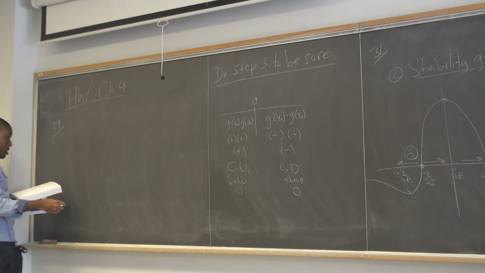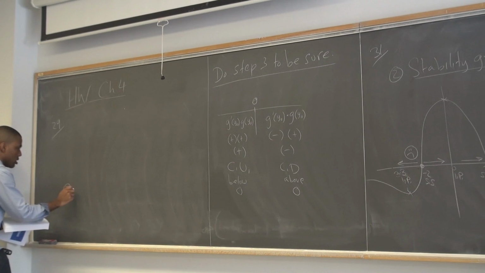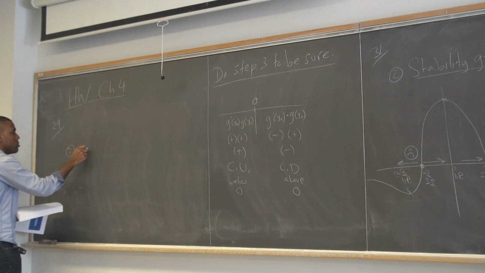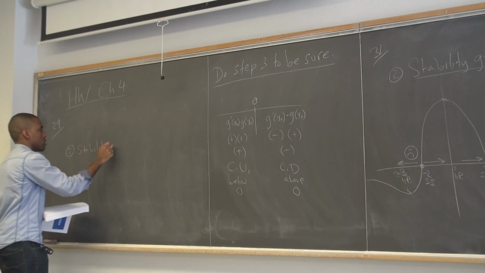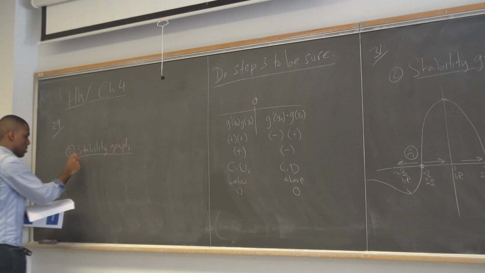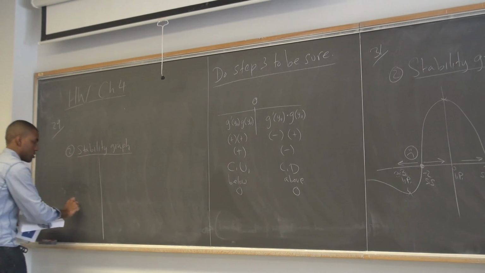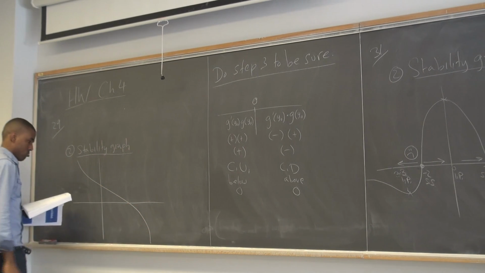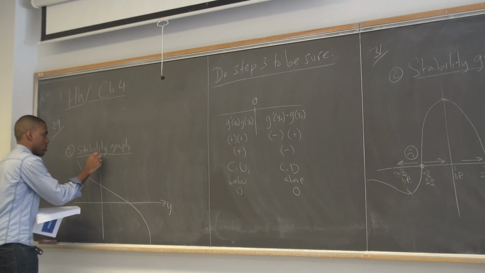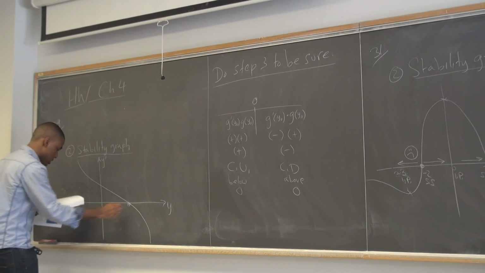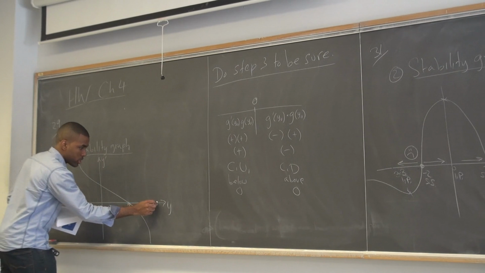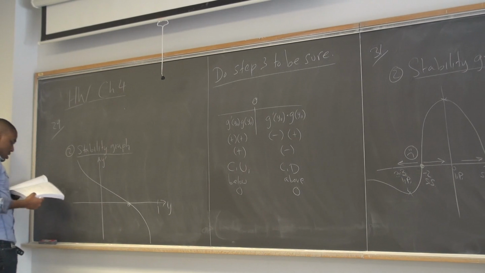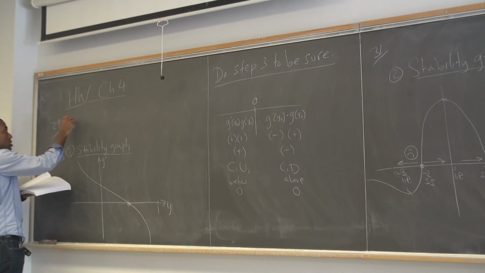So in 29, they gave you the stability graph. That's a steady state. It doesn't really tell you where it is, but it's before 1 somewhere. And then, in theory, you could figure it out.